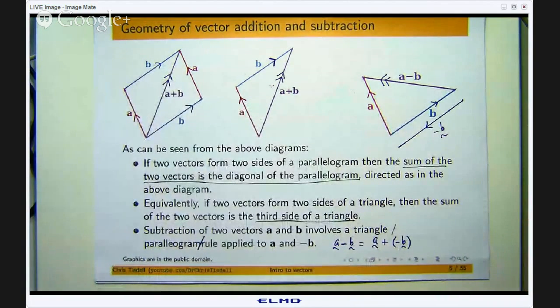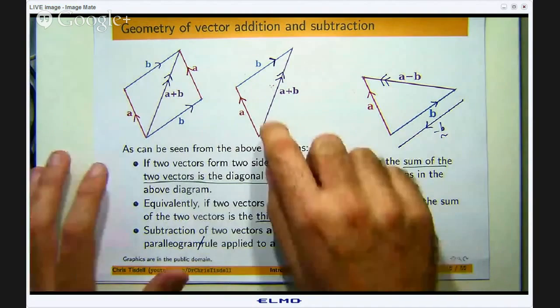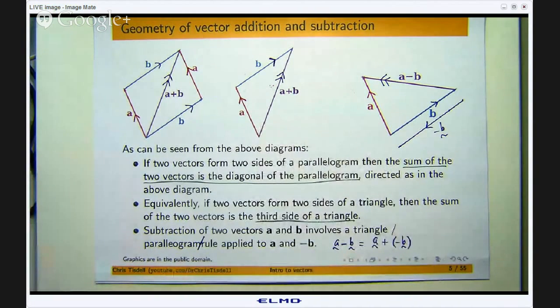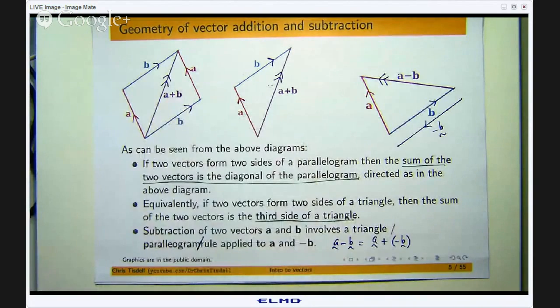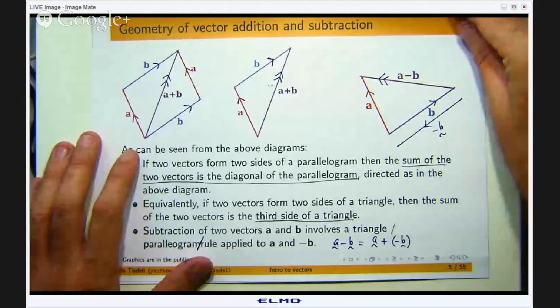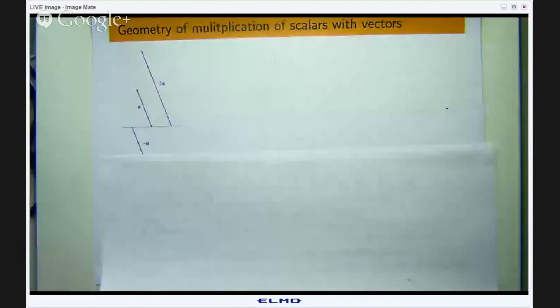You don't have to do that. Hopefully you've got the idea now. Triangle rules are used for vector addition and subtraction, or you can use a parallelogram rule, whichever one you feel more comfortable with. So that's the geometry of adding and subtracting vectors.